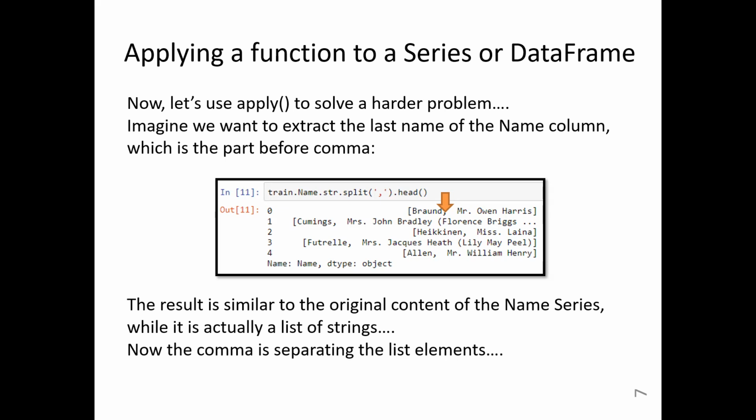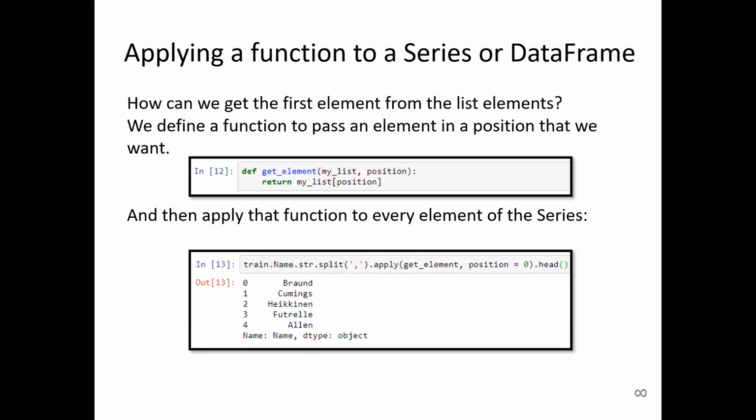Just quickly take a look at it. Go to train, go to name series, use str, then split it using comma separated values. And then we show the first 5 rows, and then look at the next one. I know we have easier ways to take care of it, but we define a get element method.